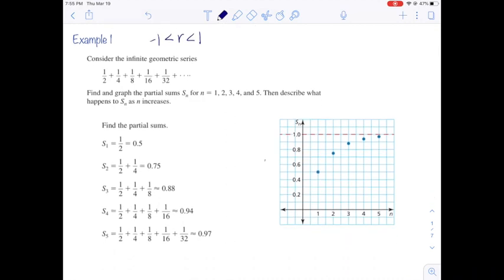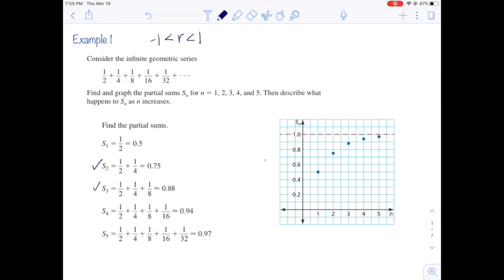So when you consider the infinite geometric series of 1/2 plus 1/4 plus 1/8, and so on, you'll see that your first term is 0.5. But then when you take your first term and add your second term, you're going to get 0.75. And then when you add your first term, your second term, plus your third term, you'll see that you get 0.88.